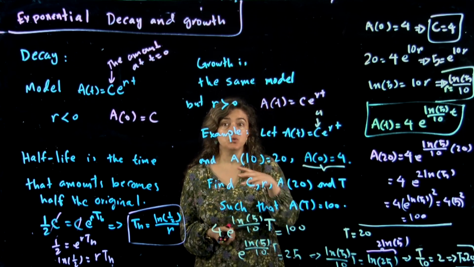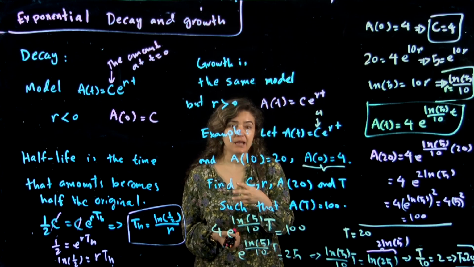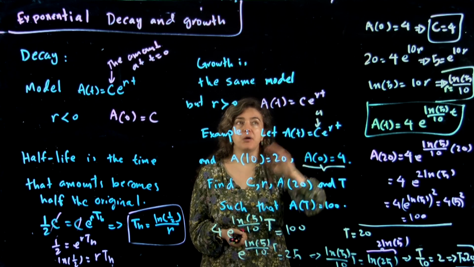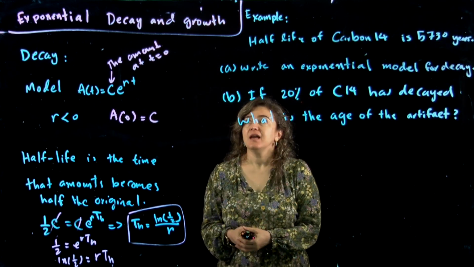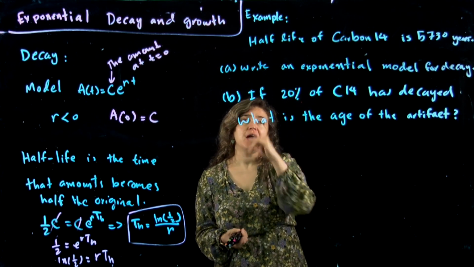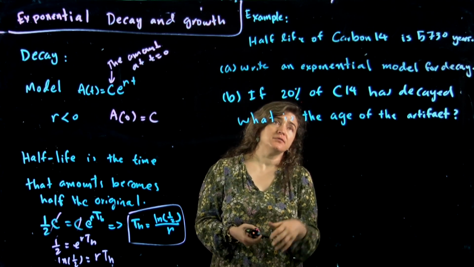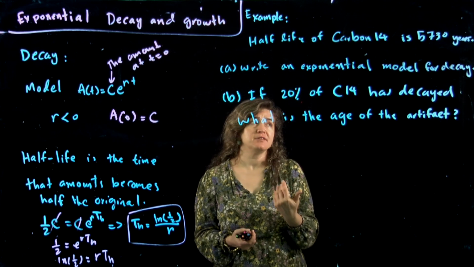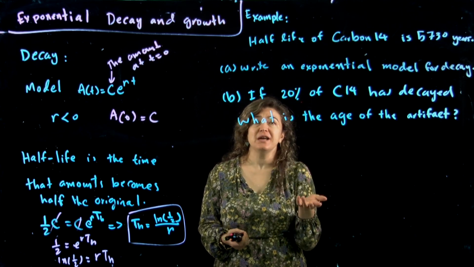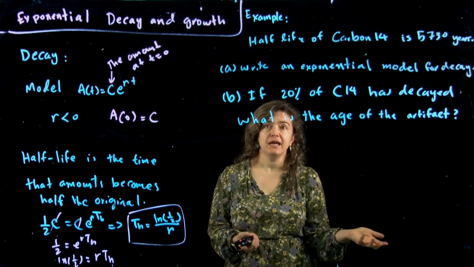Next, I'm going to do one exponential decay, one carbon 14 decay problem up on the board. So in an exponential decay problem, let's say the half life of carbon 14 is 5,730 years. First of all, write an exponential model for the decay.